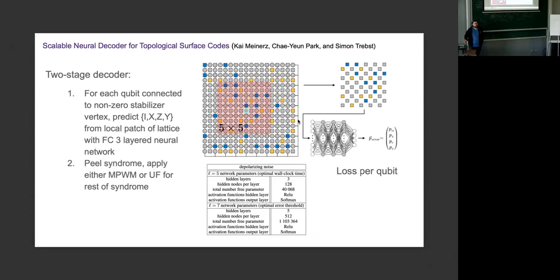So as he described it, he takes this neural network, makes it 3 or 5 fully connected layers, so just matrices, matrix multiplied by matrix, nonlinearity and so on, and then rolls it across each qubit.